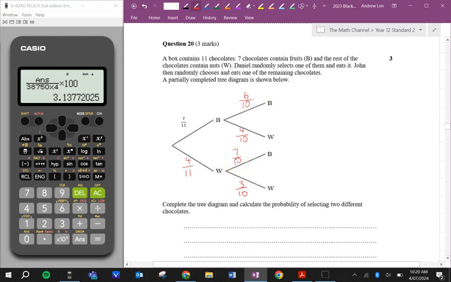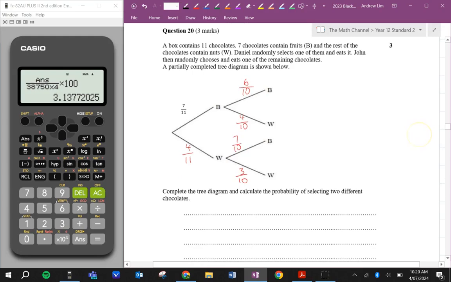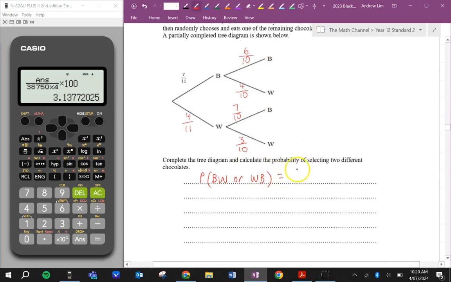Calculate the probability of selecting 2 different chocolates. So 2 different chocolates means getting B then W, or W and then B. So that's 7 out of 11 times 4 out of 10. That's our BW. 7 over 11 times 4 over 10.